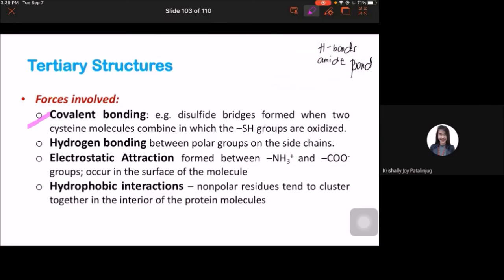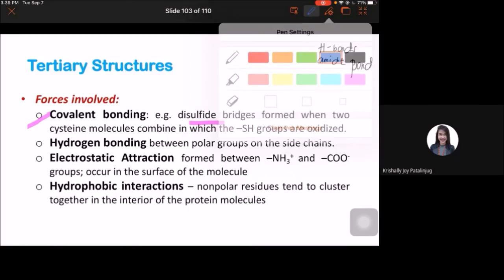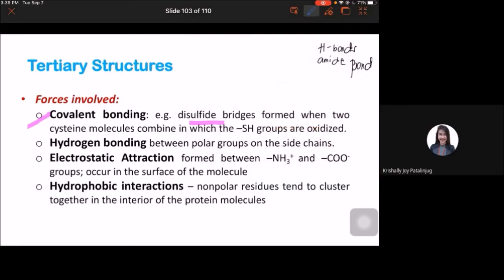This covalent bonding could be in the form of disulfide bonds. Disulfide bonds can form in between cysteine molecules. Question: what atom is present in cysteine, why is it capable of forming disulfide bridges?